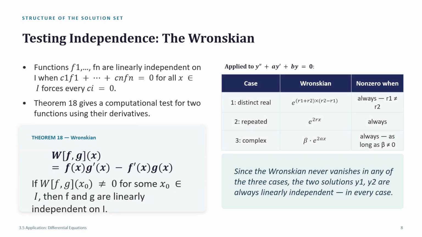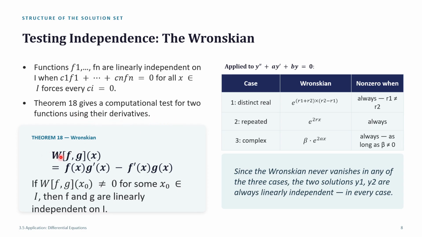Next is testing independence, or the Wronskian. It says that the functions f1 to fn are linearly independent on an interval when c1 f1 plus dot dot dot plus cn fn is equal to 0 for all x in that interval forces every ci to be equal to 0. Theorem 18 gives a computational test for two functions using their derivatives.